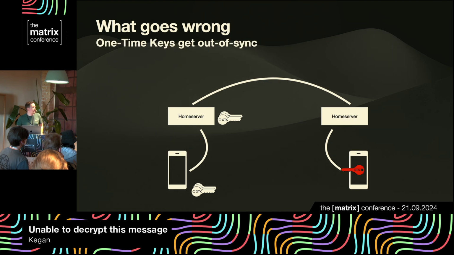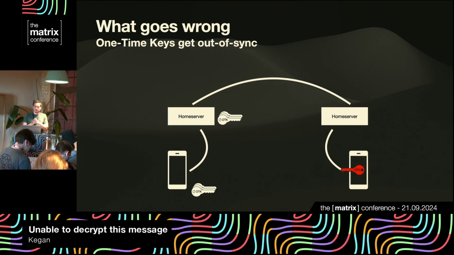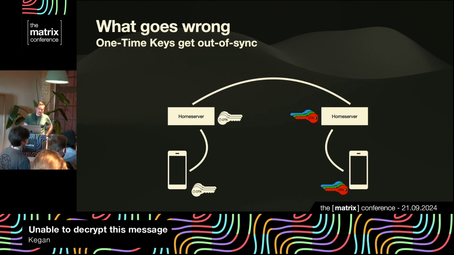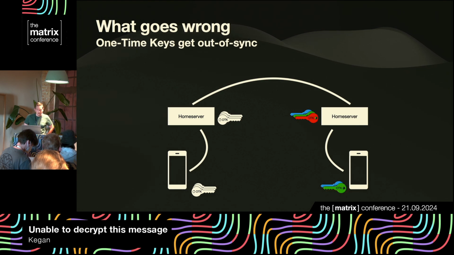So another thing that can happen is that one-time keys can get out of sync. So if you remember, the device is generating public-private key pairs for one-time keys. It's uploading the public parts. It's keeping the private parts private. And then Sumner alluded to this, and it is a real problem that client databases can forget things. So in this scenario, say the device forgets the red key. Now, the device may realize, okay, I don't have enough one-time keys.